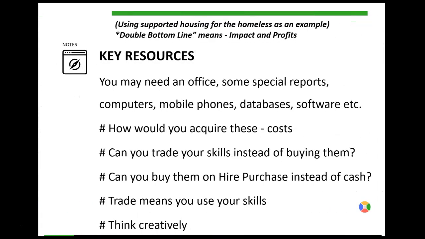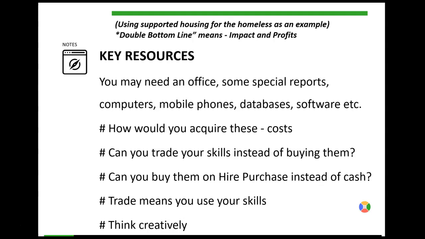So this section asks you to make a list or write in the box there the key resources you're going to have. You may need an office, some special reports, computers, mobile phones, databases, or software. That's the section you need to put that, because these are pertinent to the success of the organization or the business.